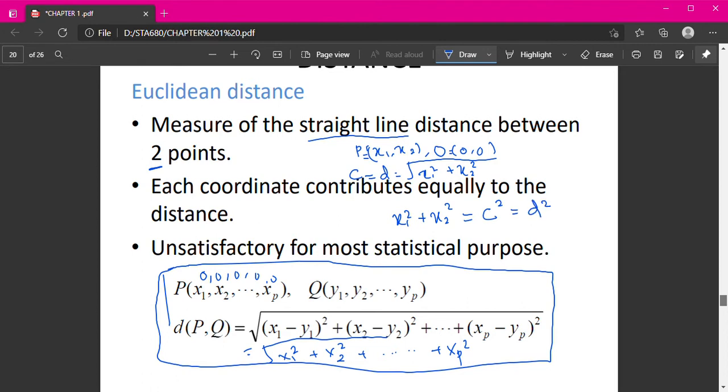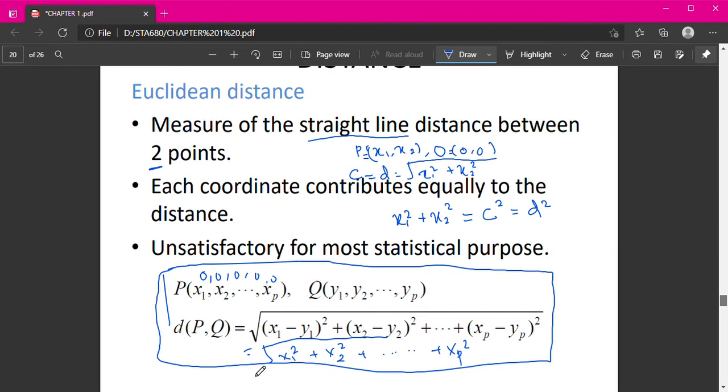Kan, betul tak? Okay, kalau yang ni ialah Euclidean distance, D square ataupun C square dinamakan constant square distance. Okay, ianya dinamakan constant square distance.